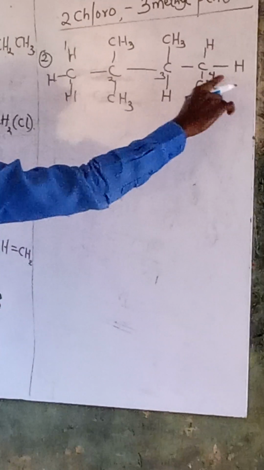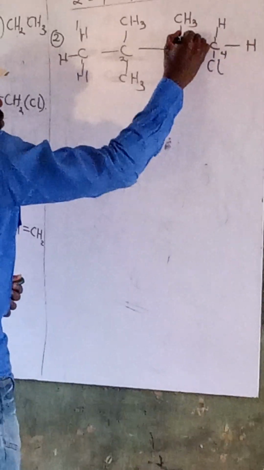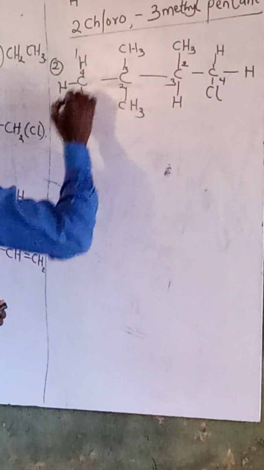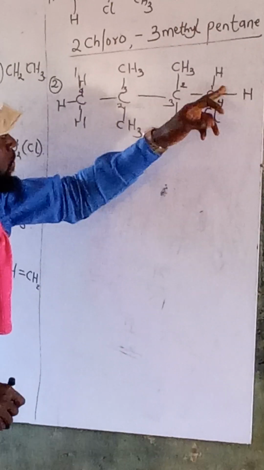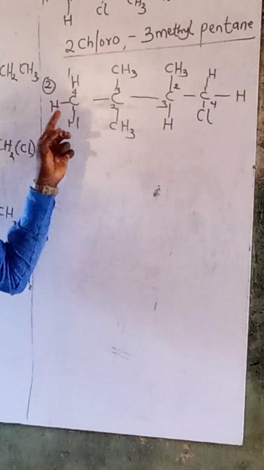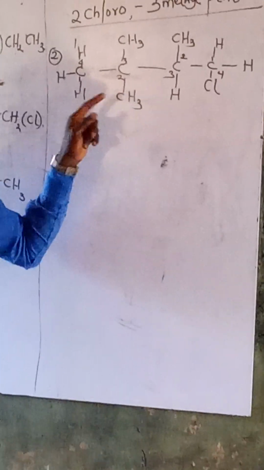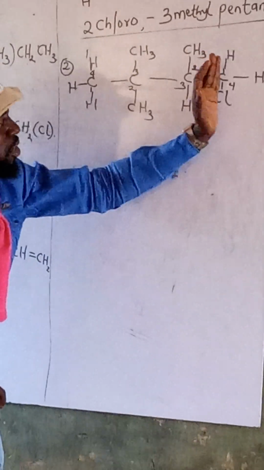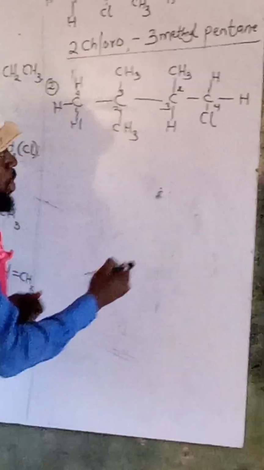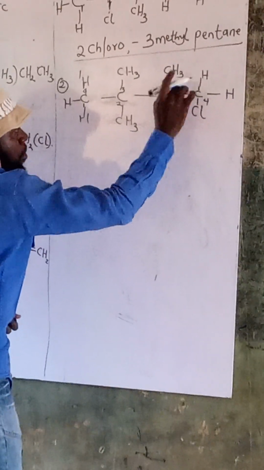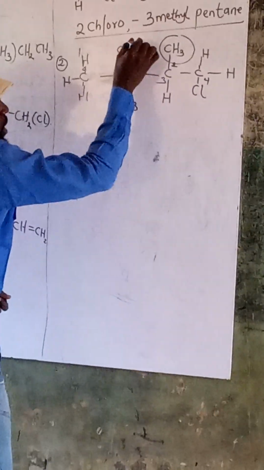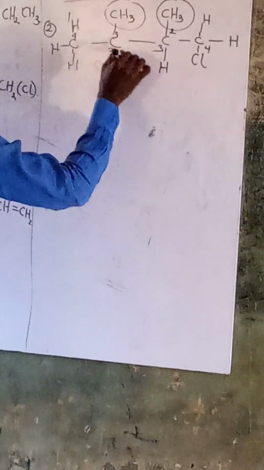And from here, if I start 1, 2, 3, 4, I meet chlorine on the first carbon atom. On the second carbon atom, I meet methyl. I will not take my numbering from here. I will take from the shortest distance. Because on the first carbon atom, I meet chlorine. On the second carbon atom, I meet this methyl. On the third, I meet methyl up and down.